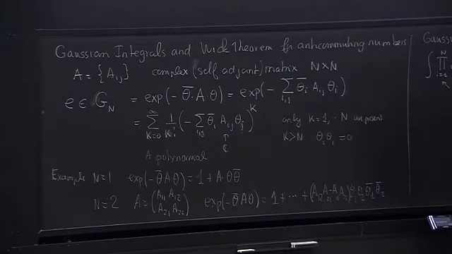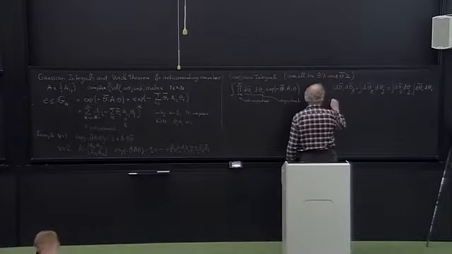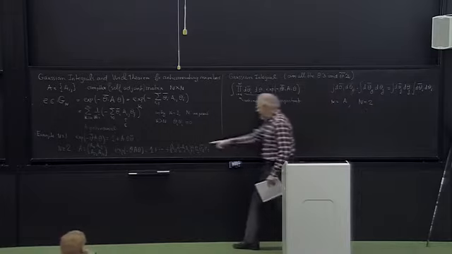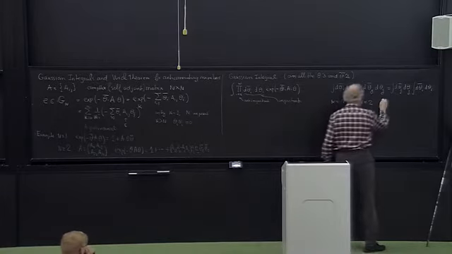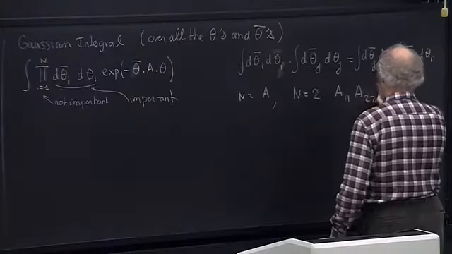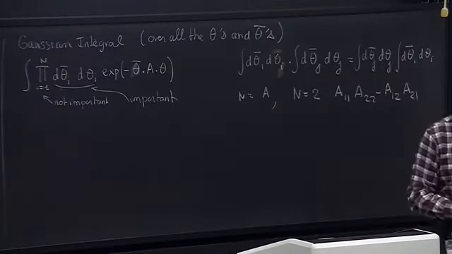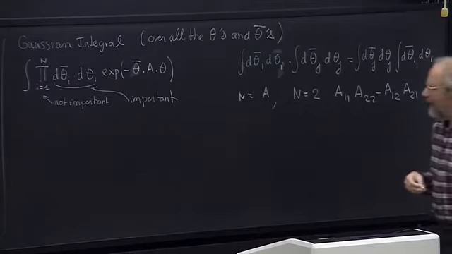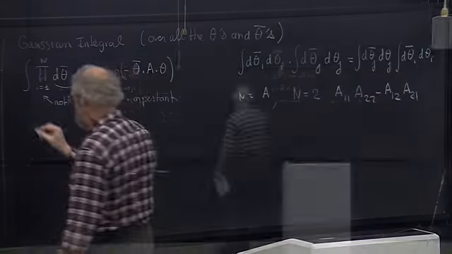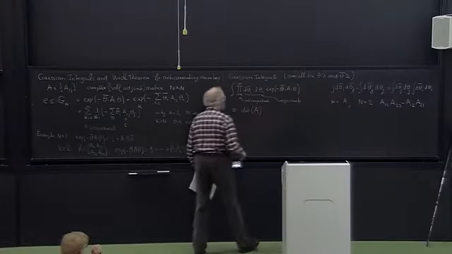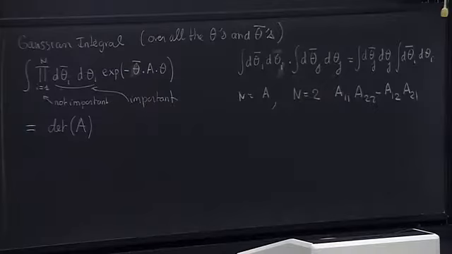So for n equal 1, I get A. For n equal 2, I get minus this thing, so I get A11 A22 minus A12 A21, which is just the determinant of the matrix. And that's a general formula. So this is equal to the determinant of the matrix A for any dimension, a general result. Okay?